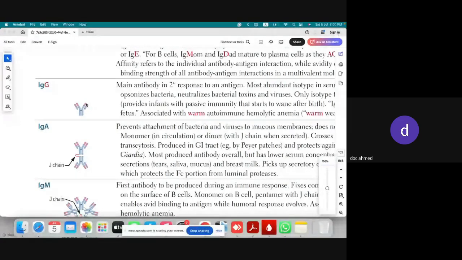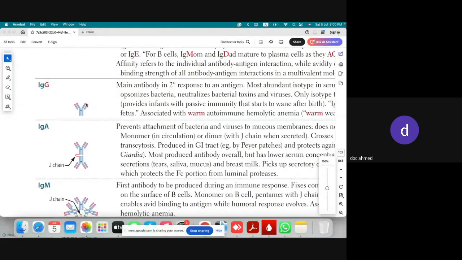But avidity basically means how many antigens are binding to a specific antibody. Looking at all of these antibody structures, the biggest of all is your IgM. IgM has 5 into 2, 10 sites for antigens to attach.